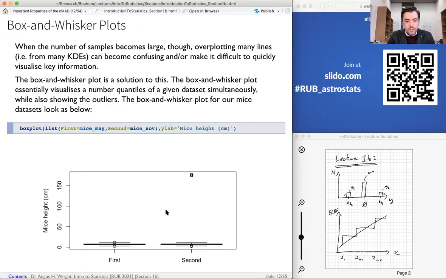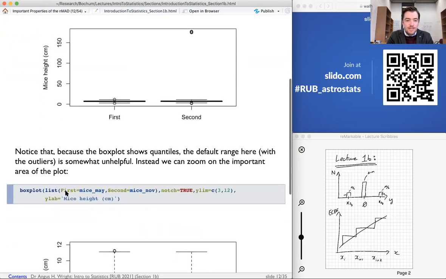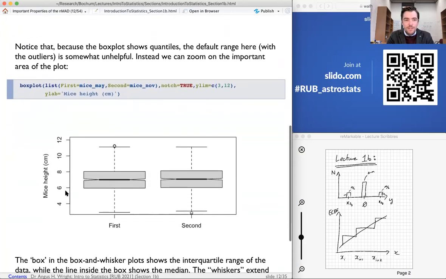Here we have the first survey and the second survey. Given the outliers that are present here, it's very clear that this isn't super informative with the current y-axis because of these outliers. So just to get an understanding of what's happening with these box and whisker plots, we can shrink down the y-axis to instead just contain the overwhelming majority of the data. And this is what we see with the box and whisker plot.